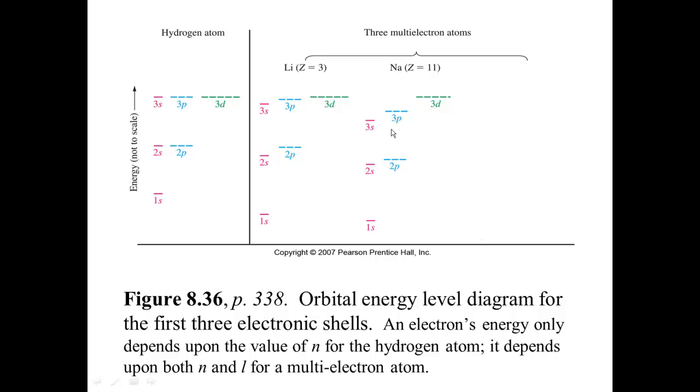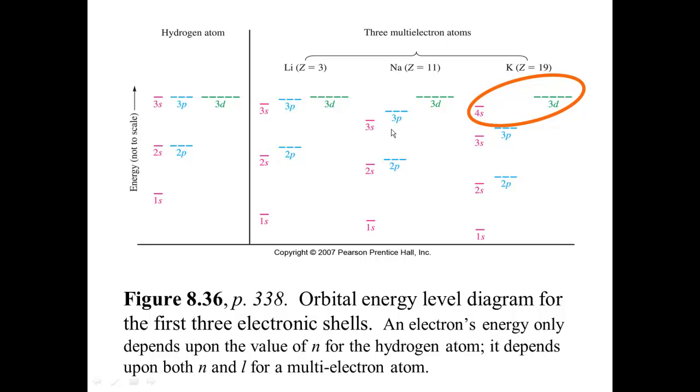Sodium has 11 electrons. Then going up to something that has a few more electrons. Potassium has 19 electrons. And do you remember a little bit ago when we identified that the 3P and the 4S have the same N plus L value?